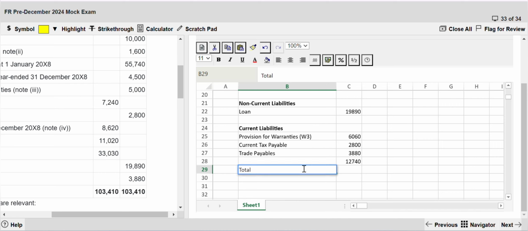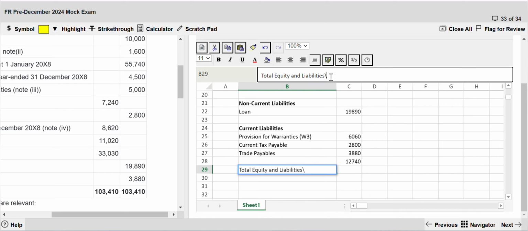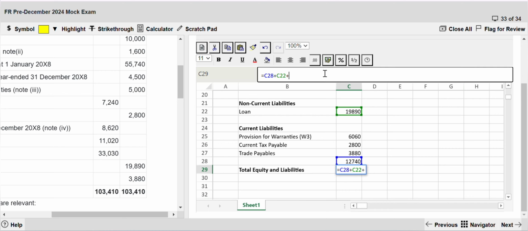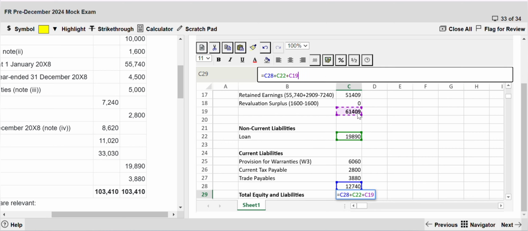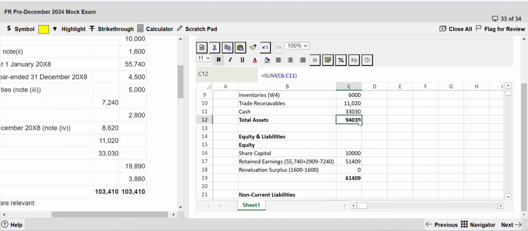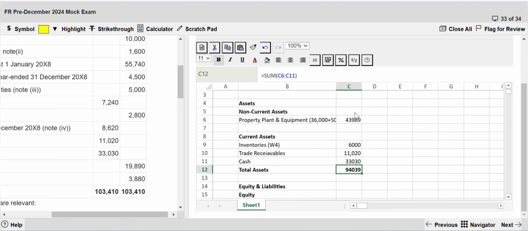So total equity and liabilities, okay, 94,039. 94,039, both of them are matching.